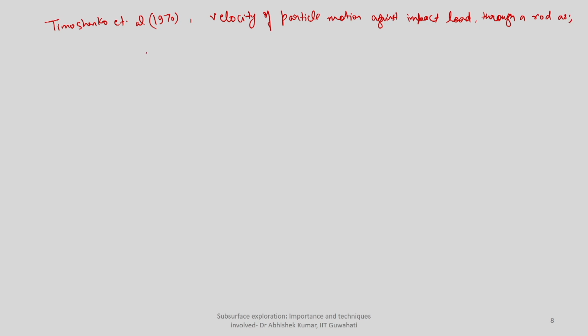The velocity of particle movement is given as c over EA times F(t).